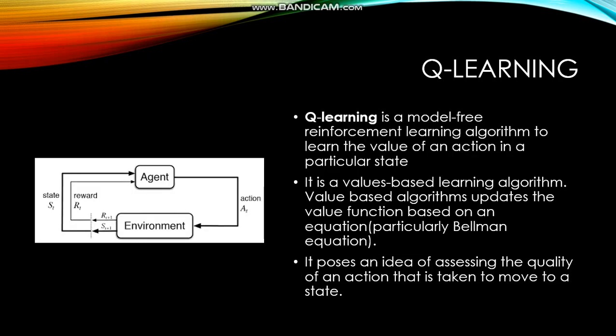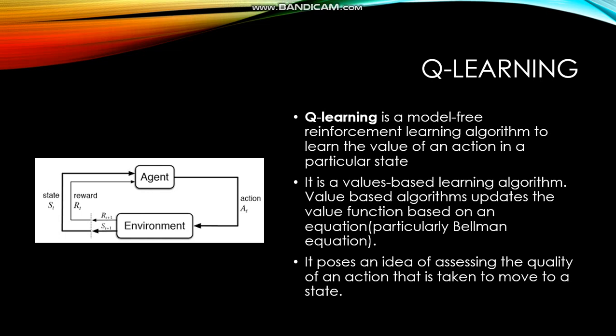For Q-learning, we can see we have a small diagram there. It's a bit self-explanatory if you've looked at what we said about reinforcement learning. Q-learning is a model-free reinforcement learning algorithm that is used to learn the value of an action in a particular state. This is a bit more explanatory in terms of the title itself.